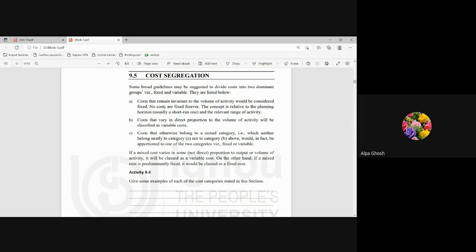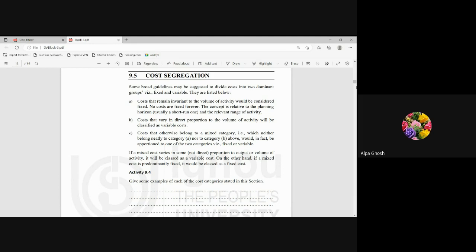Costs that remain invariant to the volume of activity: invariant means which does not affect the volume of activity. Whether you are producing 1 unit or 1,000 units, the cost remains the same. So the cost that does not vary with the volume of activity is considered fixed.